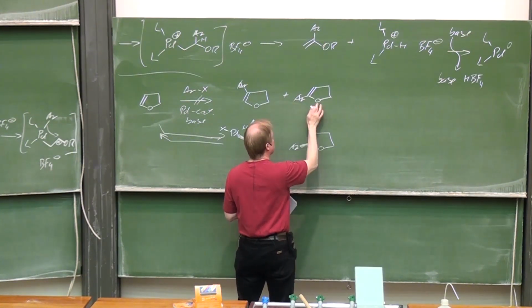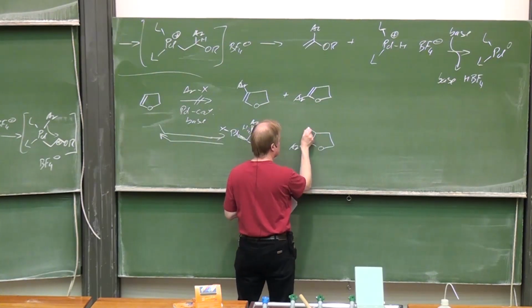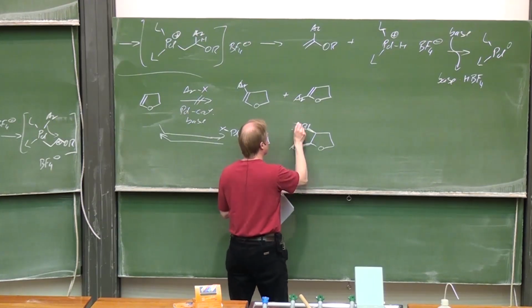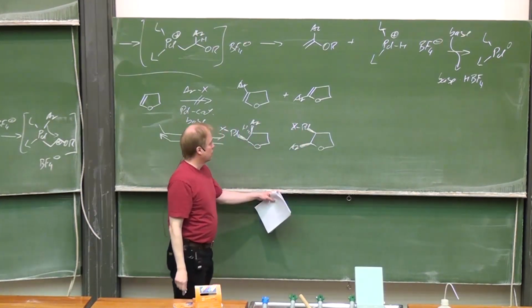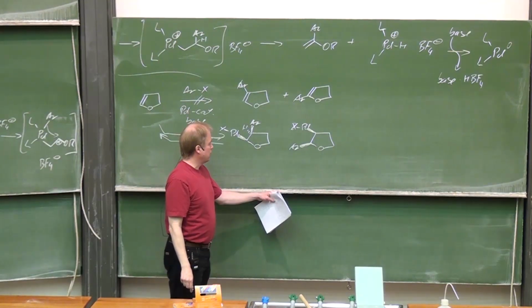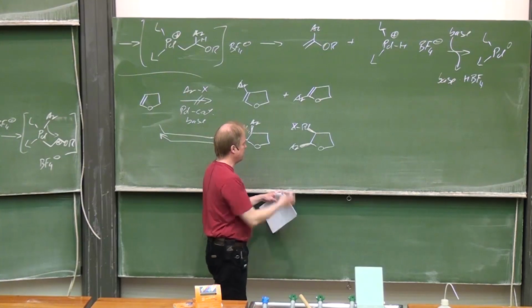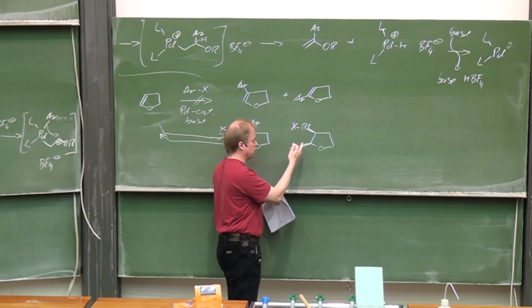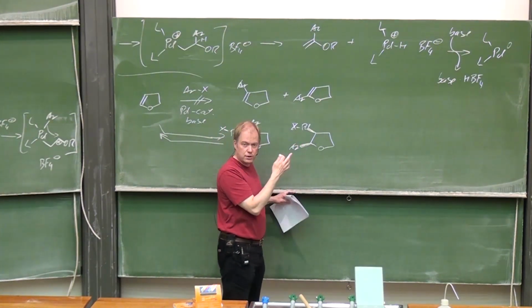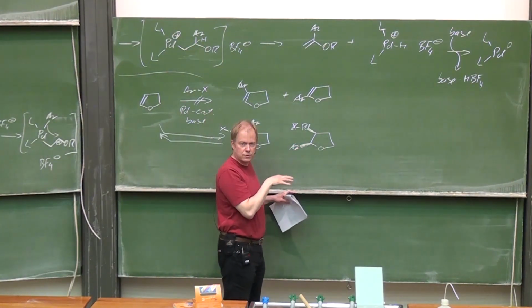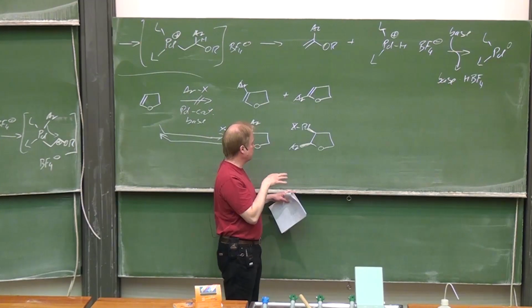So, for the regioisomer with the aryl group in 2 position, we need the carbopalladation with this regioselectivity, but again it also has this type of stereoselectivity, racemic, if you don't put in some chiral information, of course.